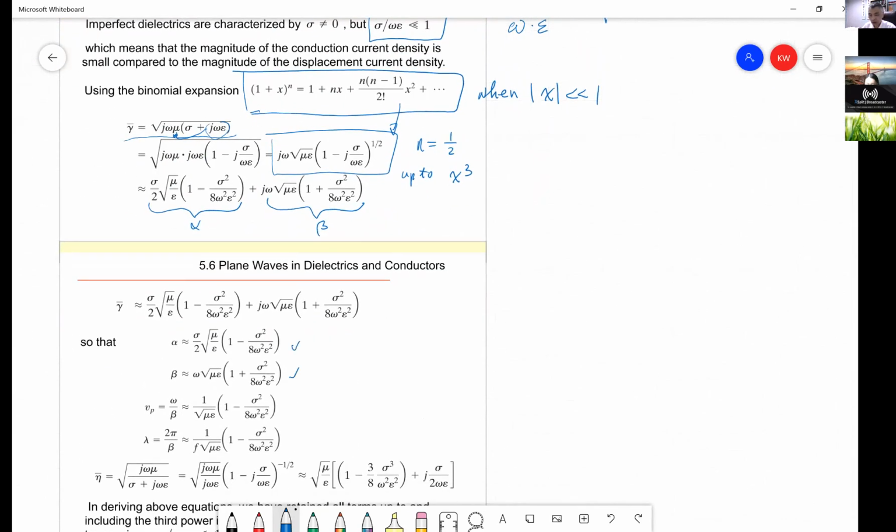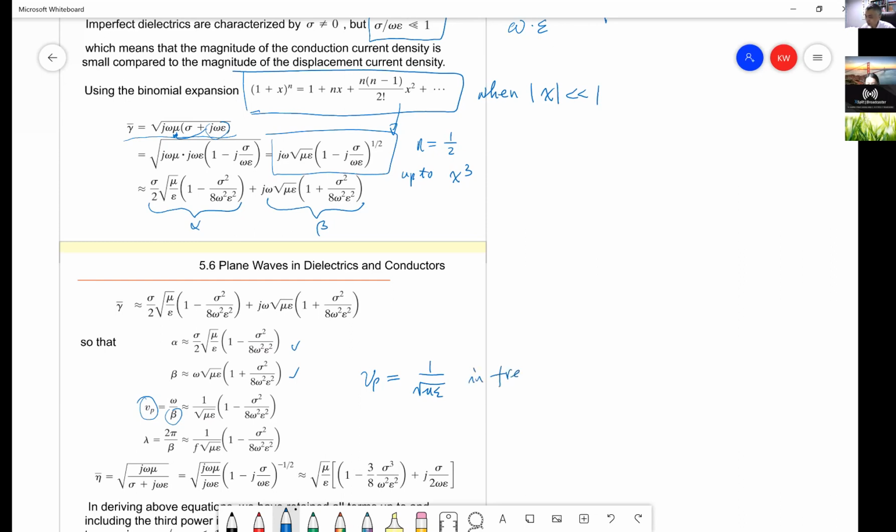Then, what is the phase velocity? The phase velocity is only related to beta. That is the relation between omega and beta. In free space, the phase velocity is this.